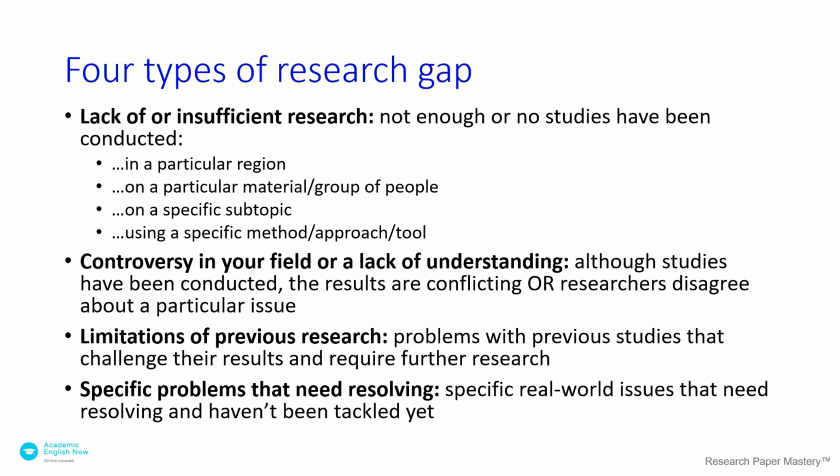So this usually refers to specific real-world issues that need solving and haven't been solved yet, right? Ideally, you want more than one type of research gap to justify your study, right? So if possible, try to have more than one.